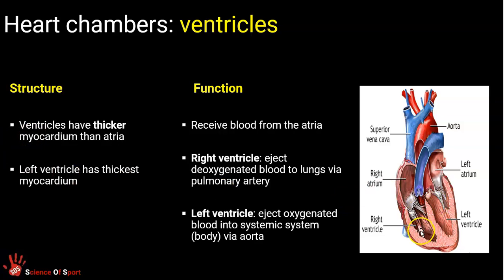The ventricles have larger, thicker muscular walls and are larger chambers. The left is obviously thicker than the right because it has a different job to the right. Pause the video and check that you understand both roles.